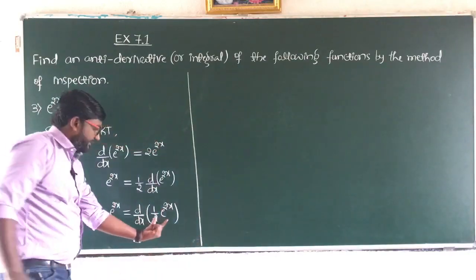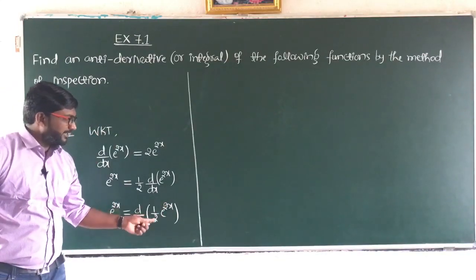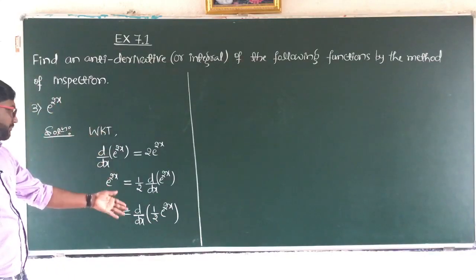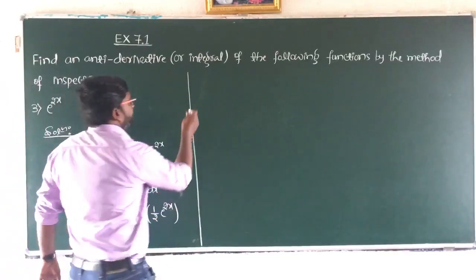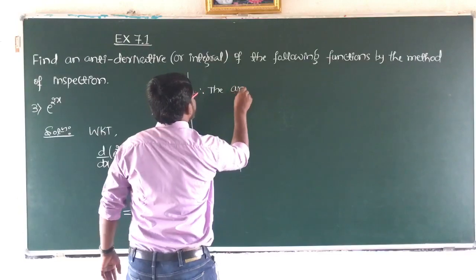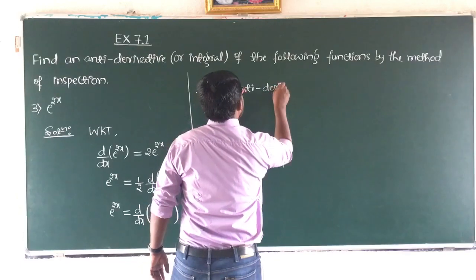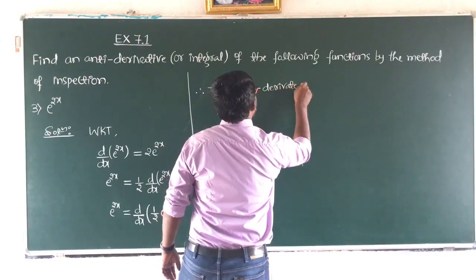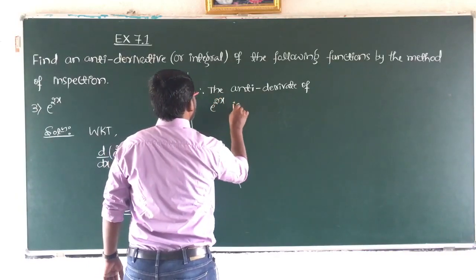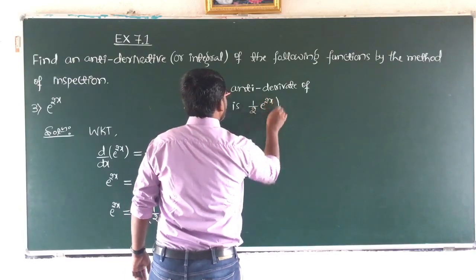So this is the antiderivative of e raised to 2x. If you differentiate 1 by 2 e raised to 2x, we get back e power 2x. So this is how by the inspection method we find the antiderivative. Therefore the antiderivative of e raised to 2x is 1 by 2 e power 2x.